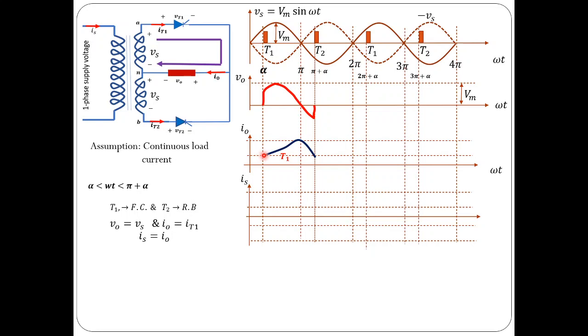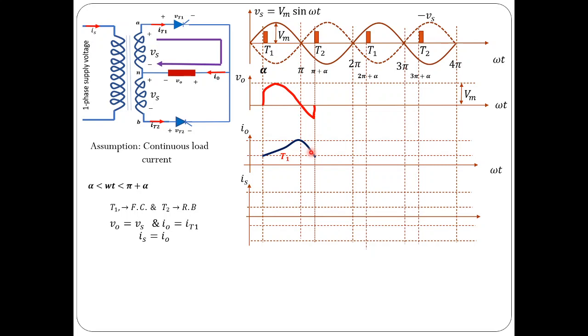At omega t equal to alpha, current starts from some non-zero value, already charged, and it will rise slowly as long as you apply the positive voltage, from alpha to pi. From pi to pi plus alpha, the voltage across the load is negative, and due to this negative voltage, current would start falling.